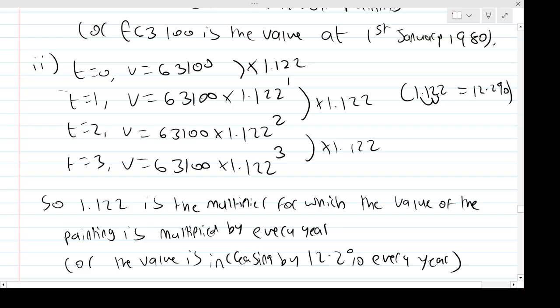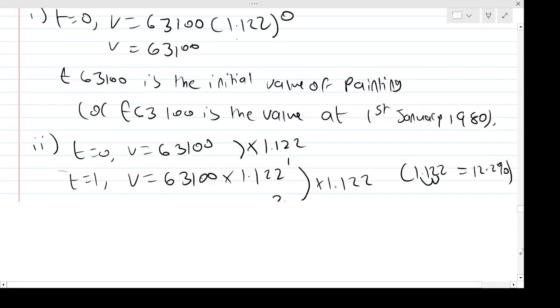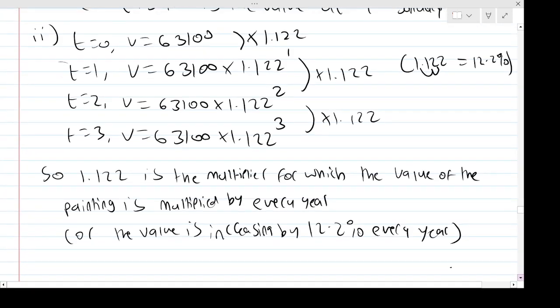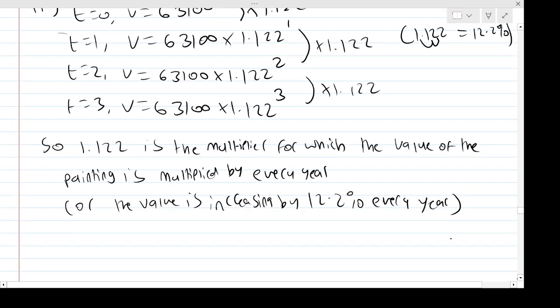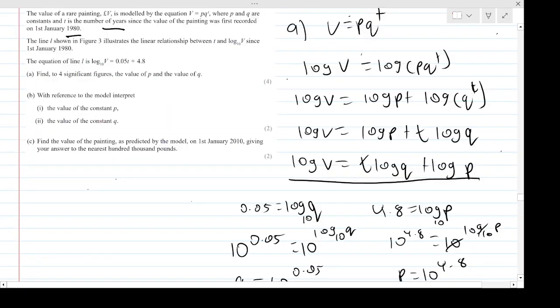We've seen this before, that the value here being raised by t is a multiplier. So we multiply each year by the same amount, 1.122. That's how exponentials work. Be timed by the same amount every year. That's the whole lot of exponentials. And so that's the multiplier. Okay. And so yeah, it's quite standard, this sort of explanation, once you get used to it. We've seen a few questions now, but that's what that means realistically. Okay, so that's what the values of P and Q mean.